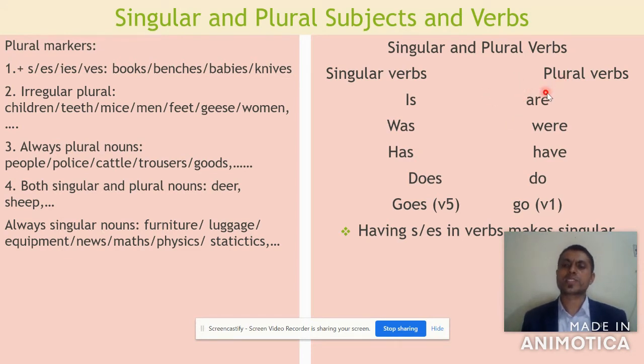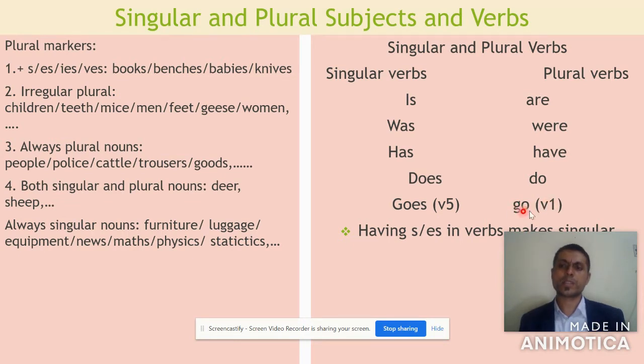Now we have another case here. Another, plural verbs: "are" you use with the plural subject, or "were," you use with what? Plural subject. You use this verb as well with a plural subject, and "do" also uses the plural subject, and "go" also uses the plural subject, verb one. All the verb one forms are what?